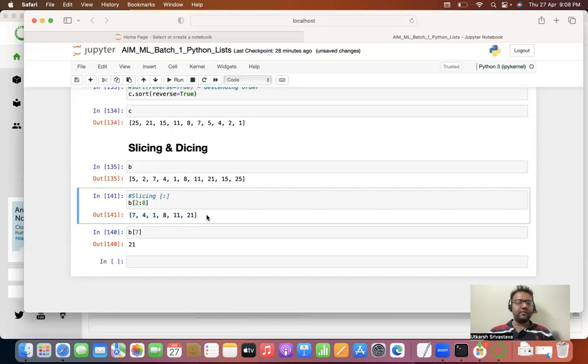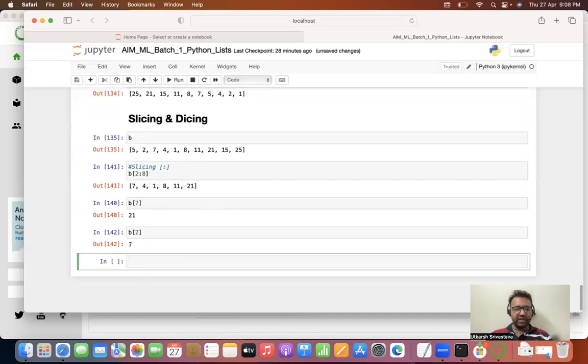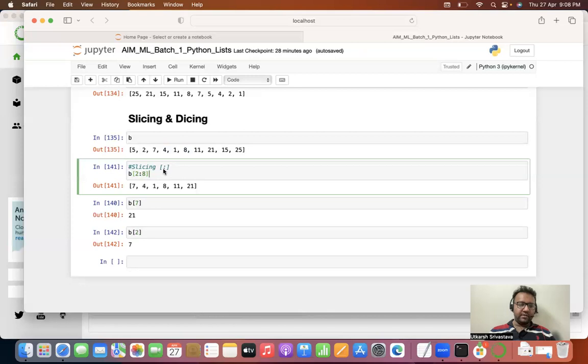So always remember, on the left side of the colon start with whatever the position is of your required sample. The objective was 7 till 21; 2 is the position, so start with 2. But on the right, when you end, always remember to end one notch higher, one position higher.